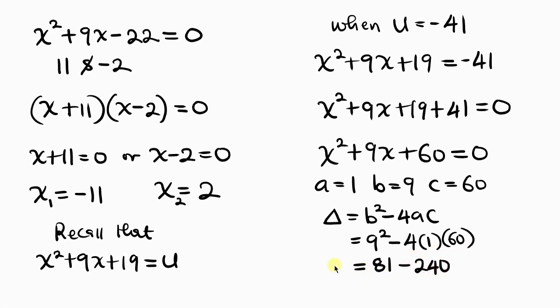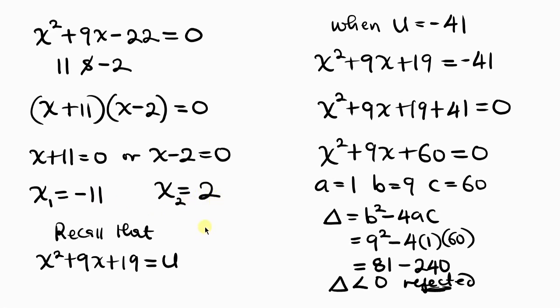Well, this value of the discriminant is negative. So since it is negative, we're going to be rejecting this because we are only interested in real solutions. So the only values for x that we've got are negative 11 and x equal to 2.